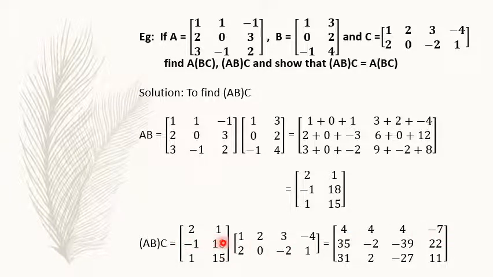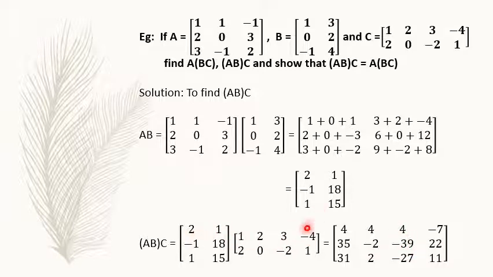Similarly, second row, first column gives 35. That is minus 1 into 1 plus 18 into 2 gives 35. Second row, second column gives minus 2. Second row, third column gives minus 39.